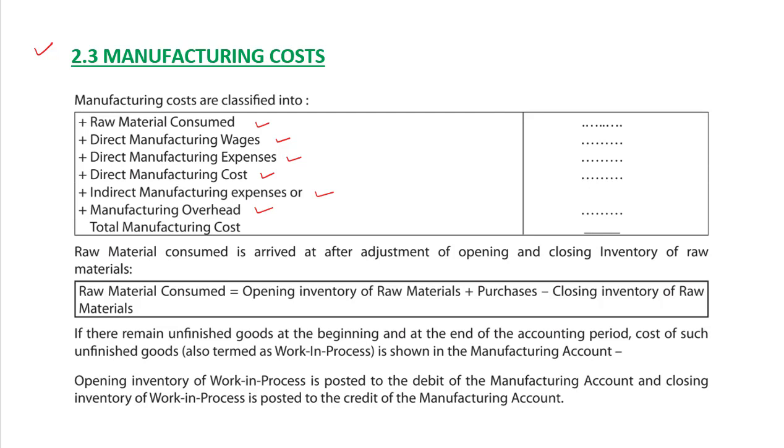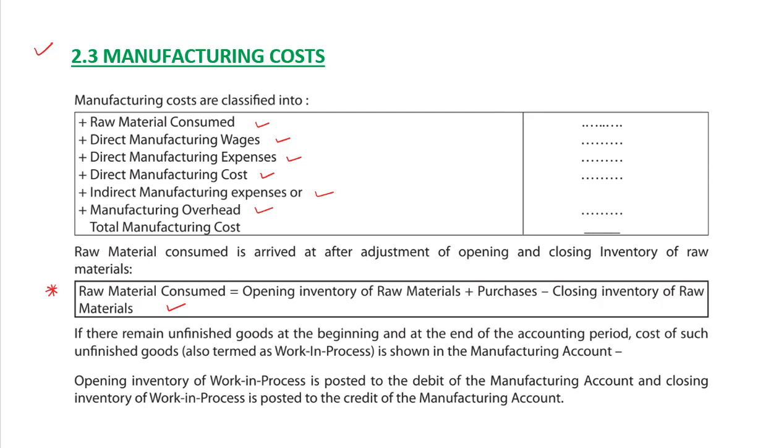Raw material consumed is arrived at after adjustment of opening and closing inventory of raw materials. So raw material consumed equals opening inventory of raw material plus purchases during the year minus closing inventory of raw material.